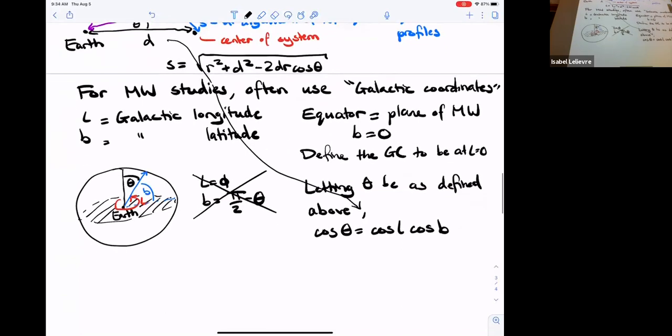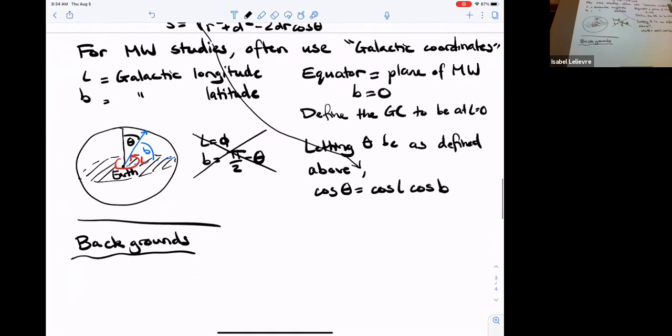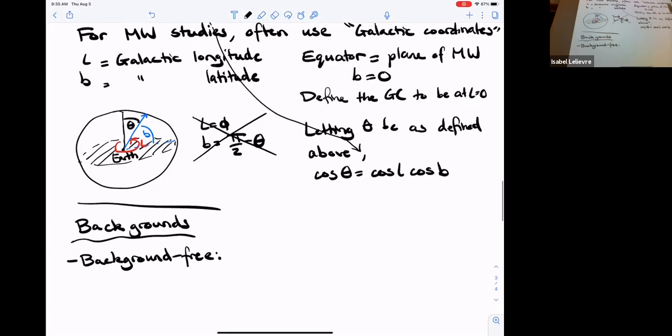Okay. So before we get into the slides, the last thing: we've already talked about backgrounds quite a bit, but I just want to do a little summary of that. There are some channels for indirect detection that are expected to be essentially background free. We just don't know of any astrophysical processes that should give rise to detectable levels of these signals.